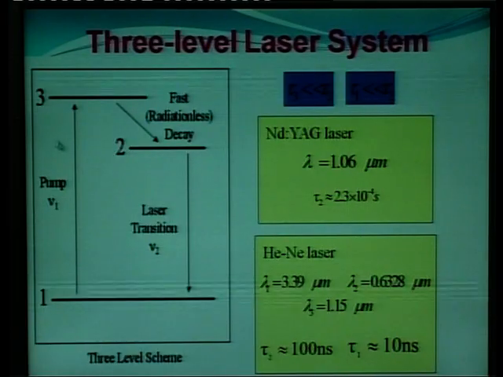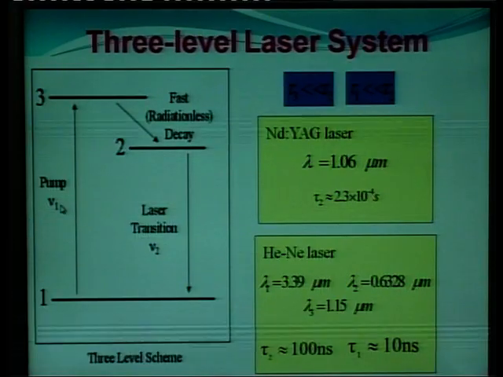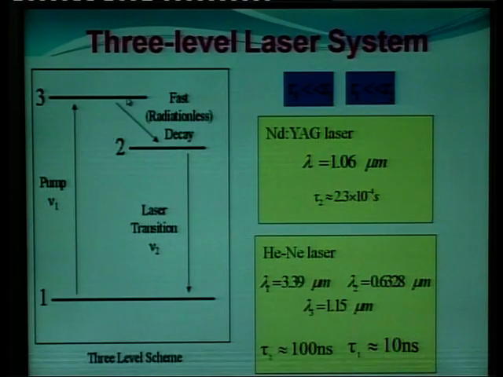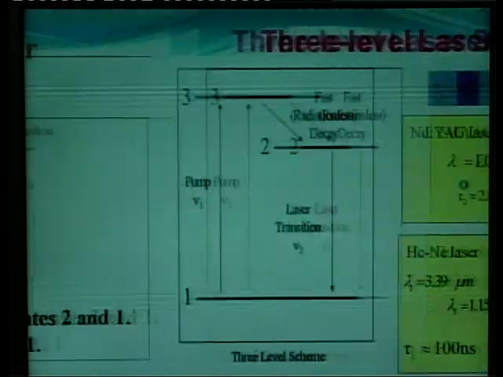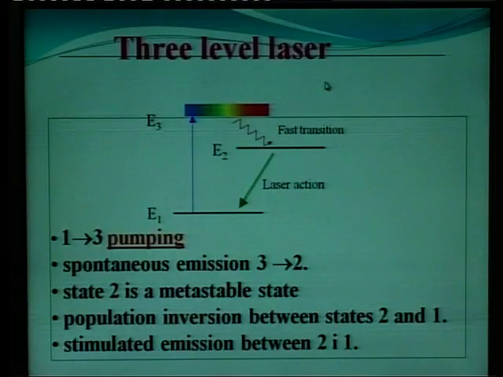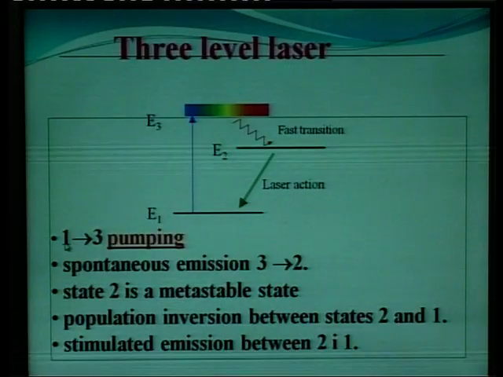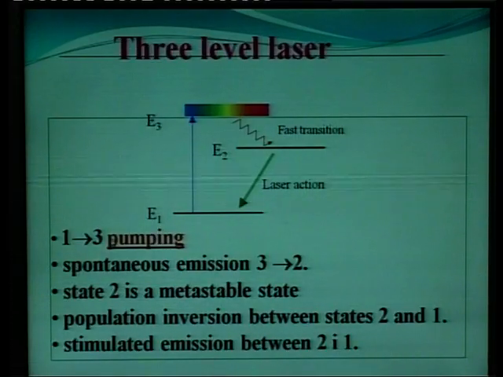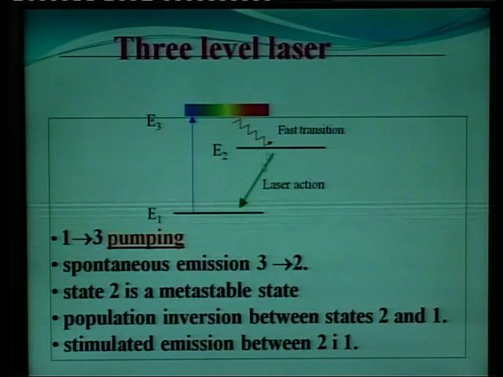That means the wave that will be required for pumping will be of lambda 1 wavelength. The wave which will be emitted from spontaneous emission will be of lambda 2 wavelength, and the laser will be of lambda 3 wavelength. So in the 3-level laser, step 1 is pumping from first to third level, then spontaneous emission is from third to second.